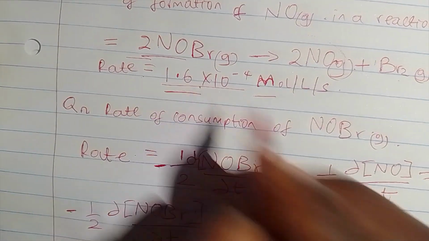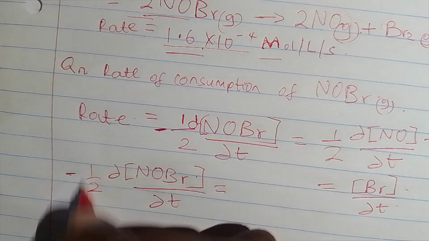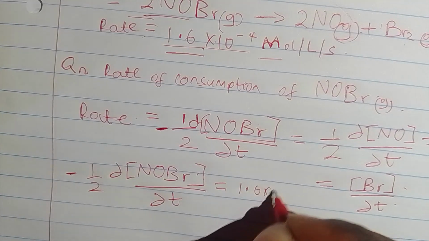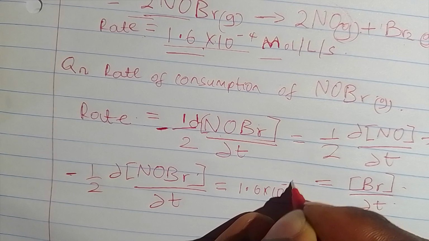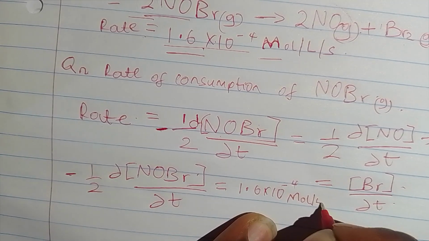So we substitute this into this equation, therefore this is equal to 1.6 times 10 to the power negative 4 moles per liter per second.